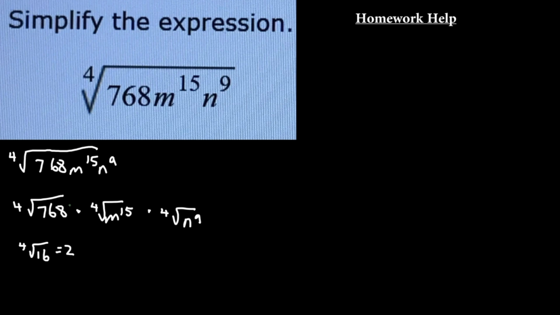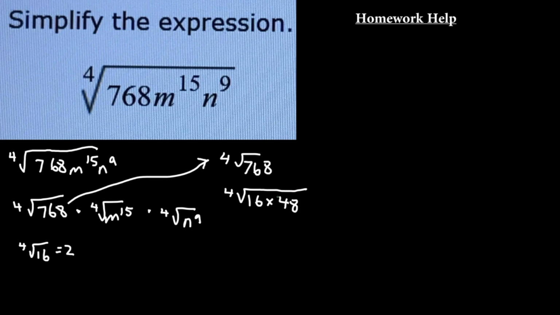So I'm going to bring this part over here. You have 768. If you divide this by 16, you're going to get 16 times 48. Now from here, you can break the 48 further into 16 times 3.